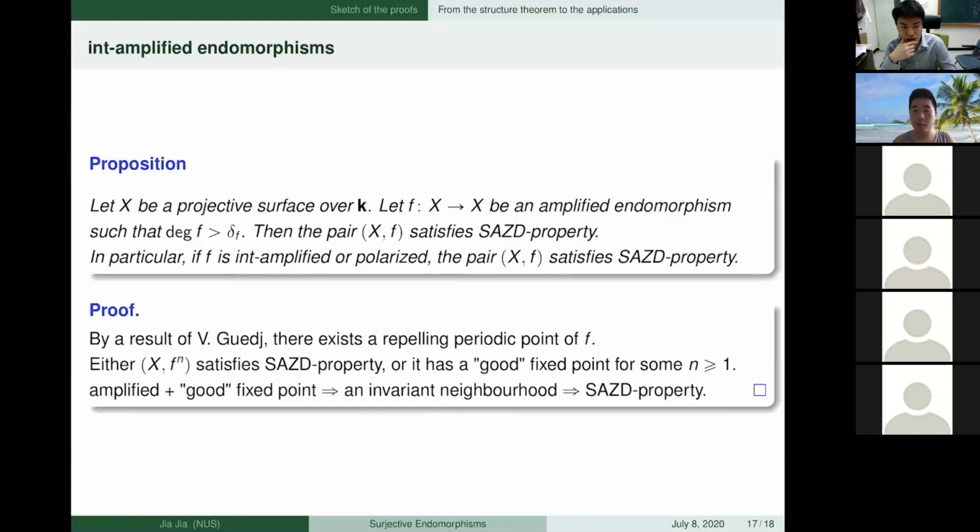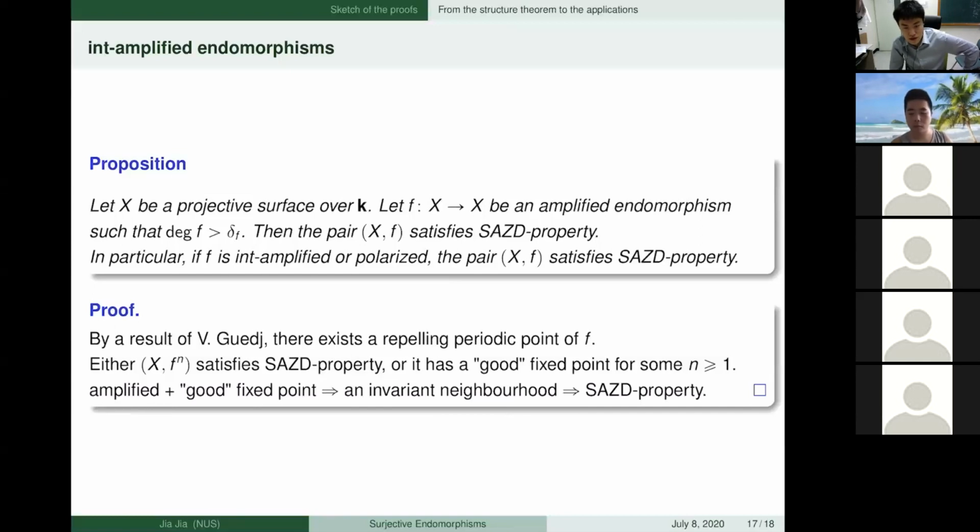But I guess for the surface case, if the degree of F is greater than delta F, then it is automatically anti-amplified, I guess. Because delta F means you can find a nef eigenvector, right? F pullback of delta F equals... But he only assumed amplified. So maybe F is an automorphism, right? But for an automorphism, the degree of F cannot be greater than delta F. Oh yeah.